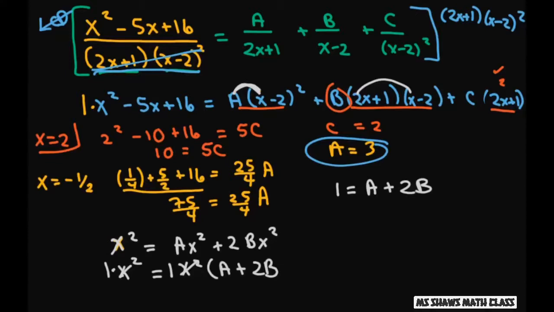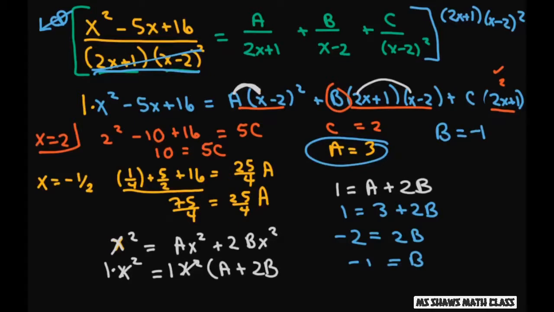So go ahead and plug in your 3 for A. You get 1 equals 3 plus 2B. So 2B equals negative 2. Therefore, B equals negative 1. So we'll write B equals negative 1.